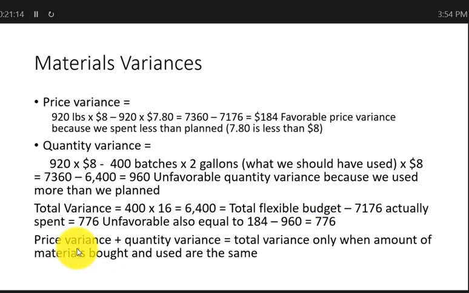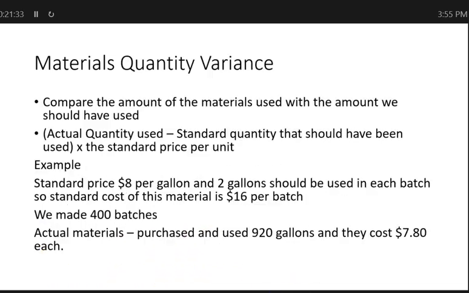Now, beware with raw materials or direct materials. The price variance plus the quantity variance equals the total variance only when the amount of materials bought and used are the same. And that's what this one said in our last slide: actual materials purchased and used were both 920.